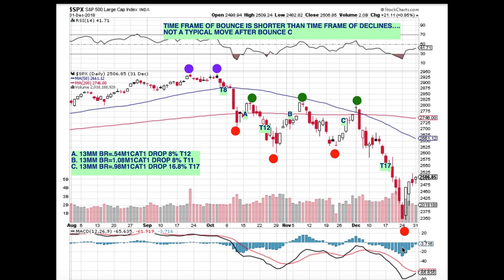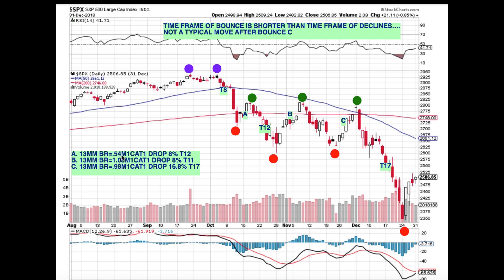Now, what pointed to the fact that we were indeed heading to a bigger drop is the situation right here, where we're going through the ratio. The initial ratio was 0.54, then it literally doubled to 1.08.